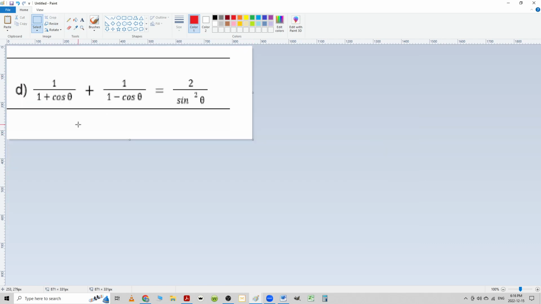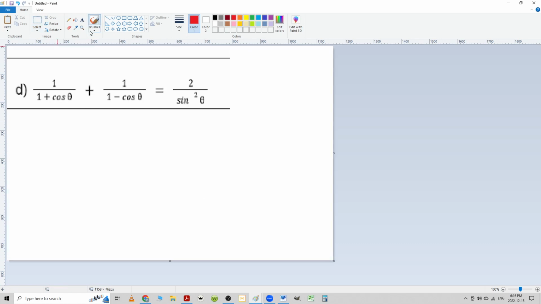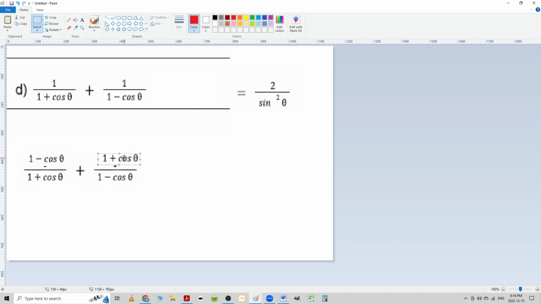For this one, I have to cross multiply their denominators. So just don't focus on this right side for a second. And when I cross multiply to get the common denominator, this is how it works, as you know. And then these denominators, and I can put the plus up here in between them.